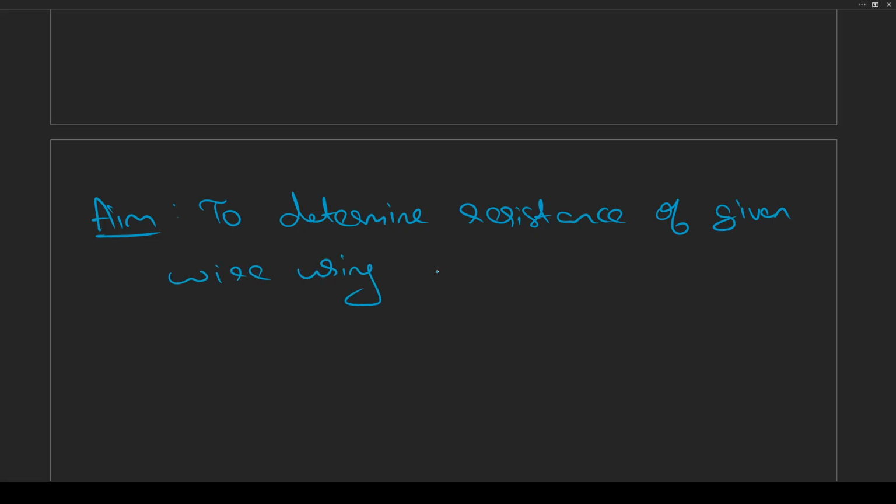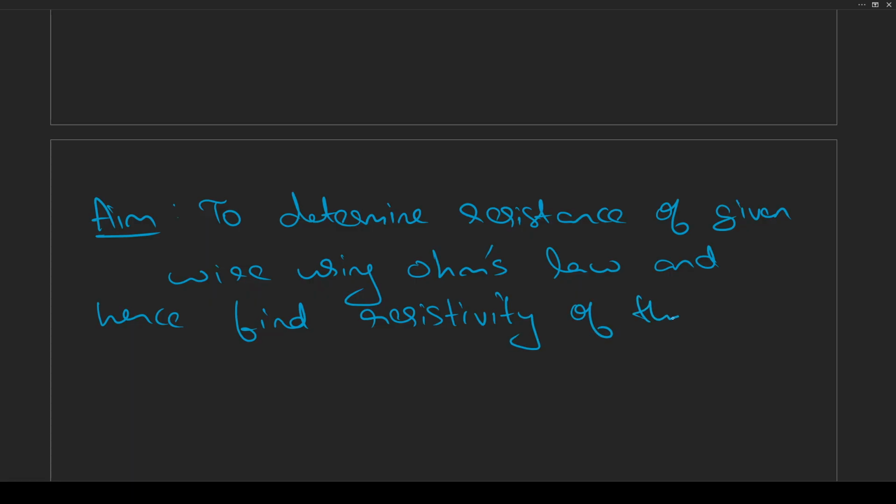Aim of the experiment is to determine resistance of the given wire using Ohm's law, and hence find resistivity of the wire.